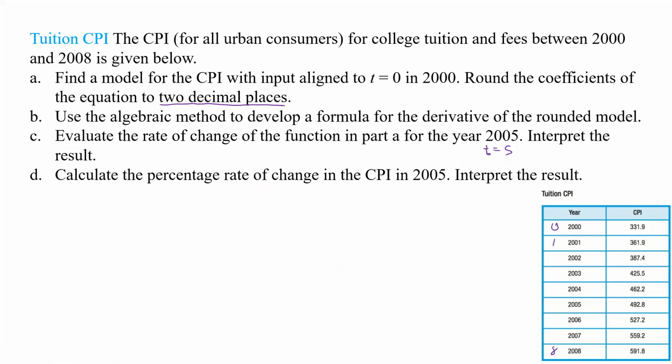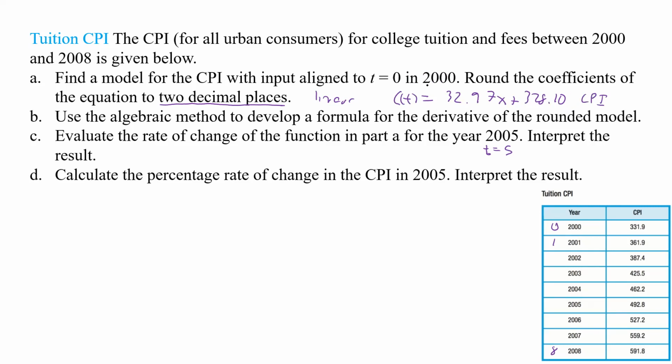And so it was a linear model, and it was going to be, let's call it C of t equal to, and we saw it was about 32.97x, and then it was plus 328.10. And that's going to be the CPI for year t.